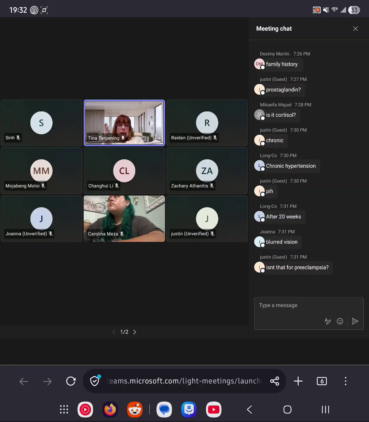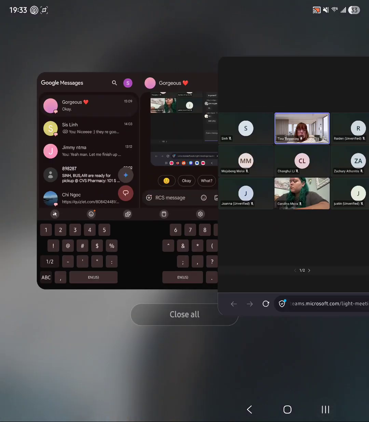But in order to have any of those, they have to have high blood pressure, proteinuria, and edema of the hands, face, or sacrum. Okay? If I don't have all three, I do not have PIH. I have gestational hypertension if it's after 20 weeks. I have chronic hypertension if it's before 20 weeks. Everybody with me?